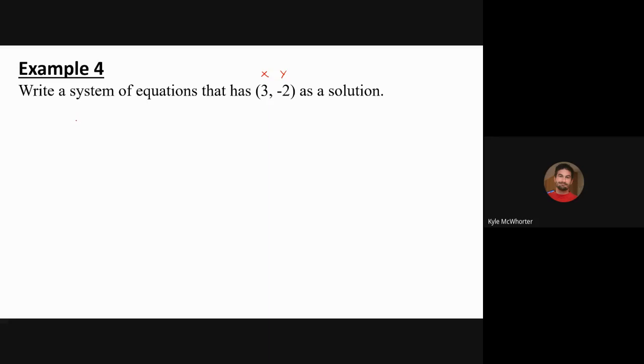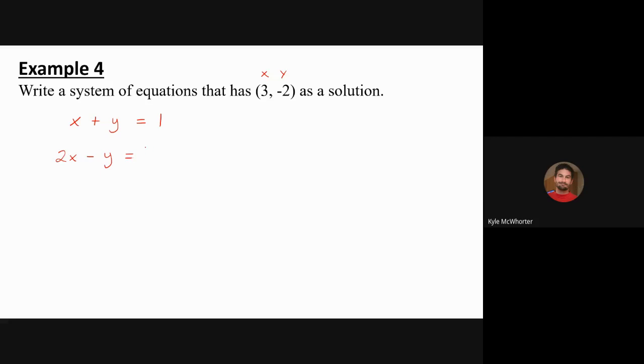You're going to write, for example, you can just say X plus Y. This is a really easy way to do it. X plus Y equals, and then just add them. 3 plus negative 2 is 1. Then you could say, I don't know, 2x minus y equals.